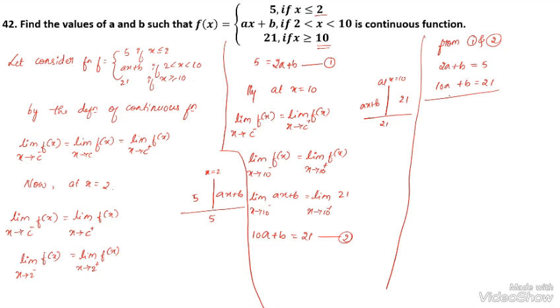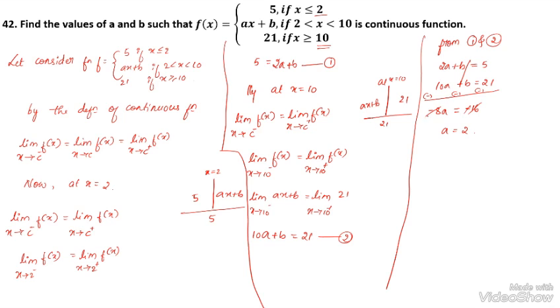I can take the subtraction here. By the subtraction, b will get cancelled. 2a minus 10a becomes minus 8a is equal to 5 minus 21, that is minus 16. So minus minus get cancelled. 8 ones are 8, 8 twos are 16. So a becomes 2.